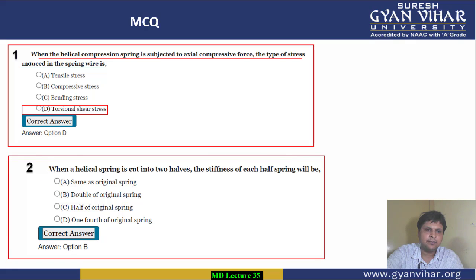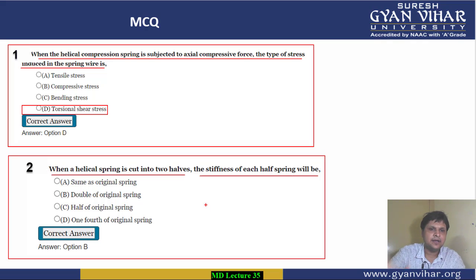Coming into the second multiple choice question, when a helical spring is cut into two halves, the stiffness of each of the half of the spring will be. So if you cut a helical spring into two halves, always keep in mind that the stiffness will not get half, it will be doubled, because for the case of a parallel spring, the stiffness is added.